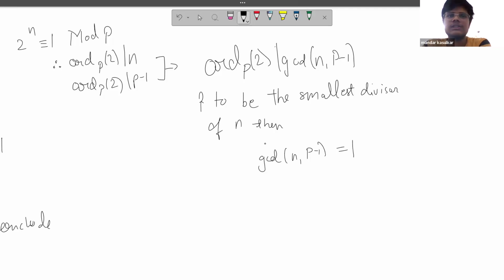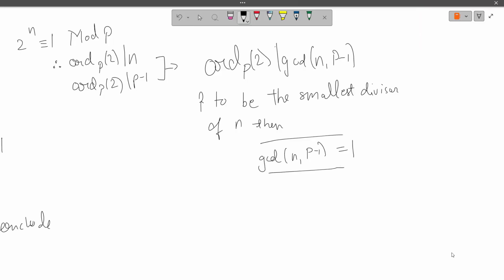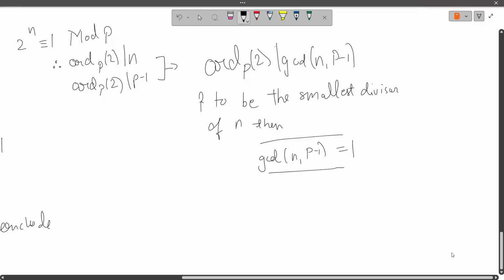This is a trivial statement, but why is this true? Anyone? If something smaller than p is dividing n, then that's a contradiction to our assumption. Precisely. So we get that this has to be 1.